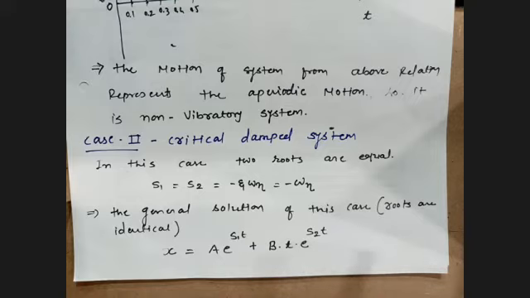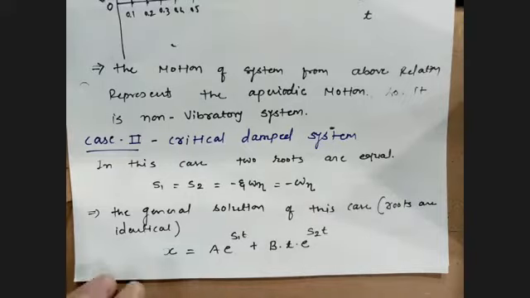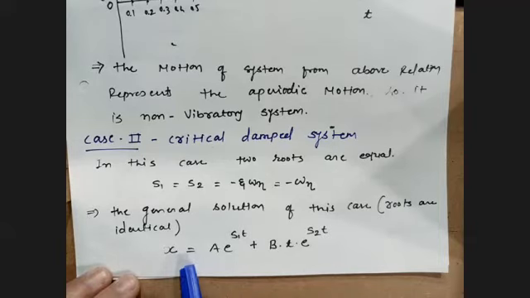If the roots are negative and different, then the solution could be different. If the roots are imaginary, then the solution could be different. That is a part of mathematics, so we are not going into detail about it. You can refer to the higher order differential equation chapter in any mathematics book, where you can find all these basic solutions.